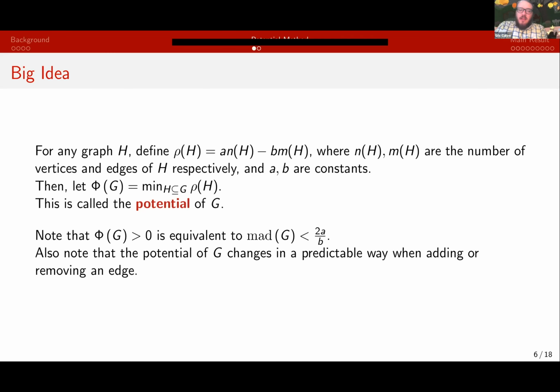And it is closely related to the maximum average degree because if we say the potential is positive, that's equivalent to giving a sharp upper bound on the maximum average degree where the bound depends on your constants. But the potential, like I mentioned before, is linear. So it changes in a very predictable way when you're adding and removing edges.